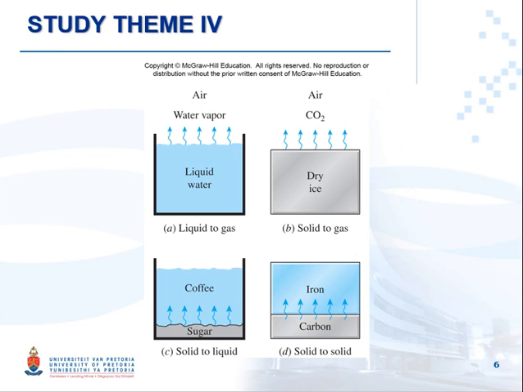A piece of dry ice, or solid carbon dioxide, also gets smaller and smaller in time as the carbon dioxide molecules diffuse into the air. So as you can see, section B is solid to gas mass transfer, a very familiar example for all of you. A spoon of sugar in a cup of coffee eventually sweetens the coffee.